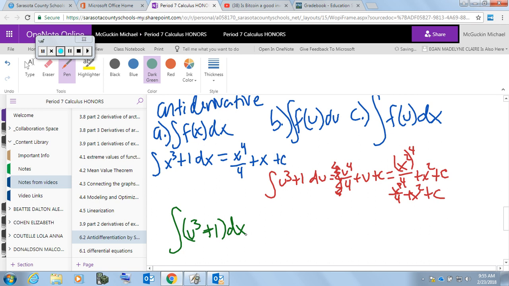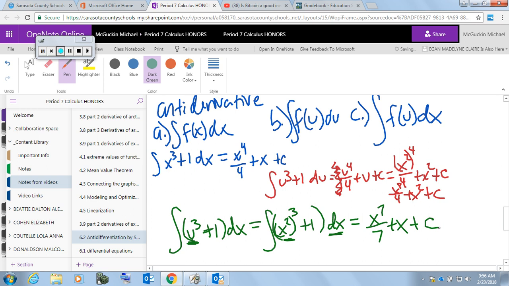So, I am taking a differential of dx, but I have a u in my integrand. Problem. Not possible. We have to utilize what u equals and say that if u is x squared, this is x squared to the 3rd power plus 1. Now, variable x, differential dx. Now we're in motion here. So now I have x to the 7th over 7 plus x plus c when it's all said and done.